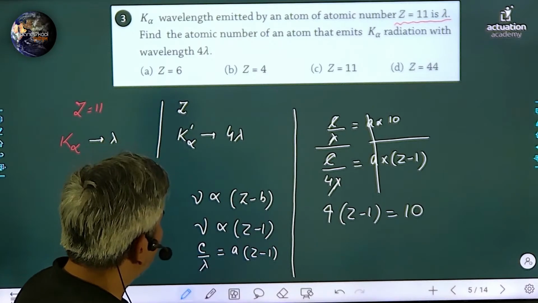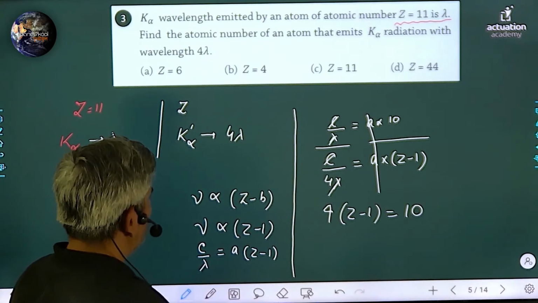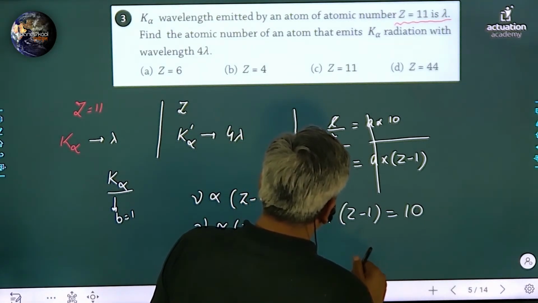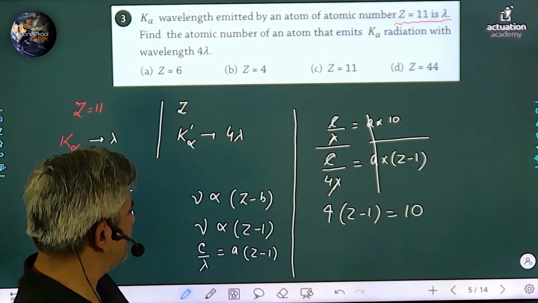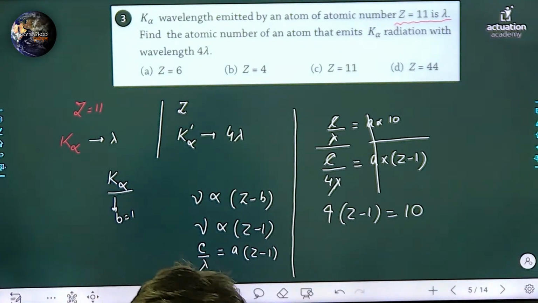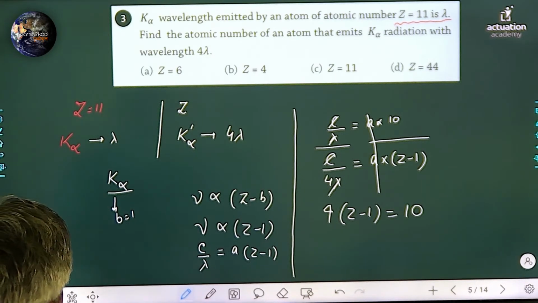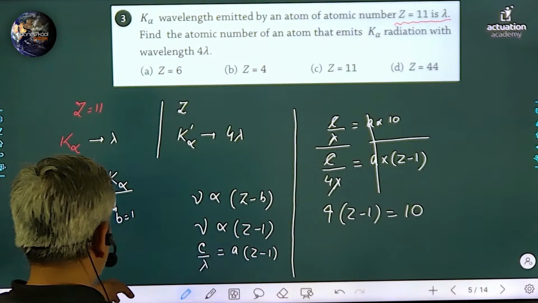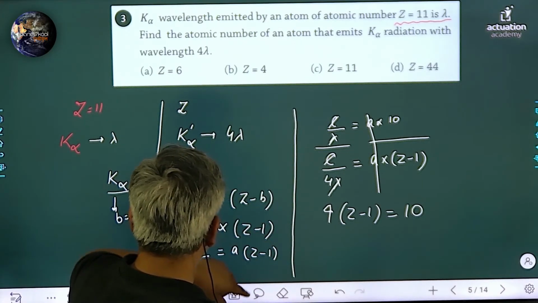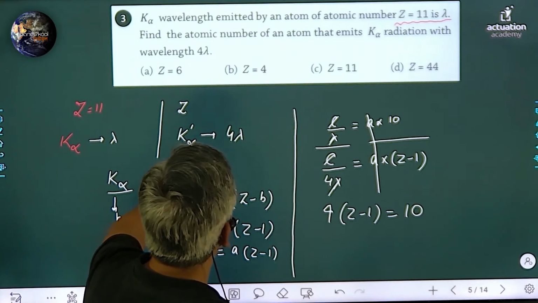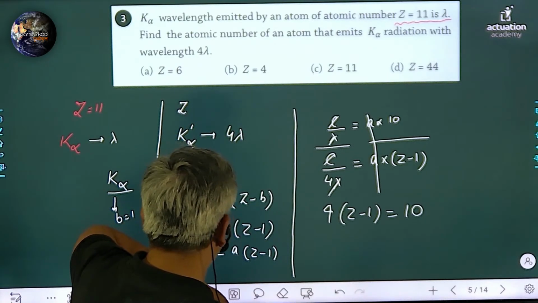This simply gives us 4, 2.5. That is, this will give us something which is Z minus 1 and 4, 11. So we can easily write 11 and 4, find the atomic number of where K alpha 4 lambda.